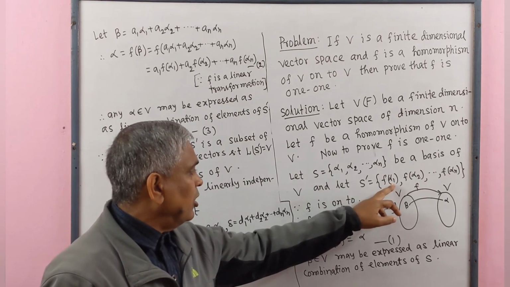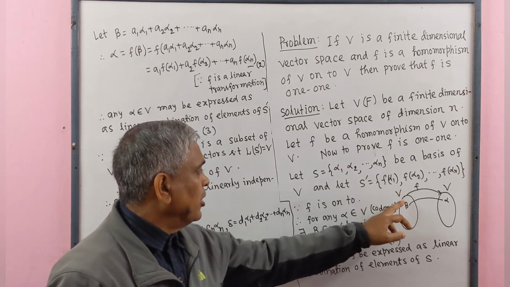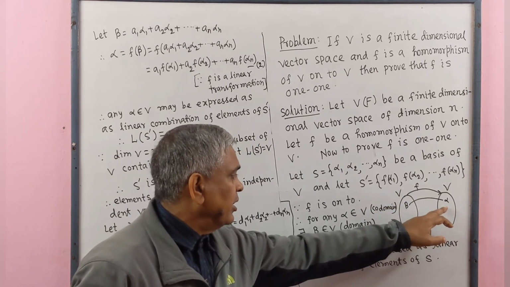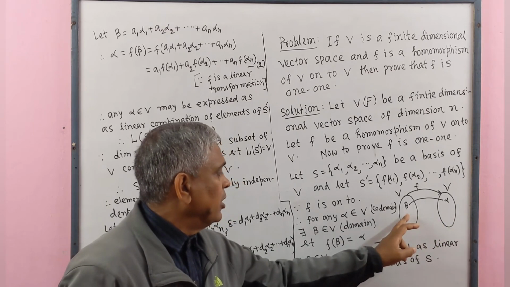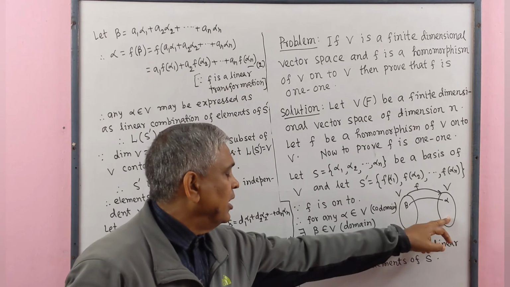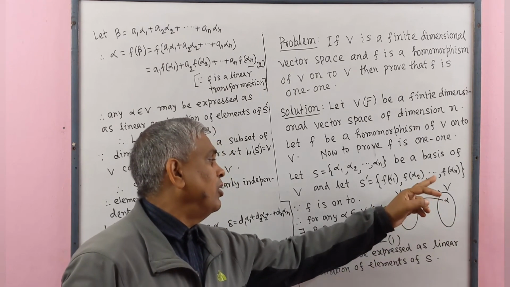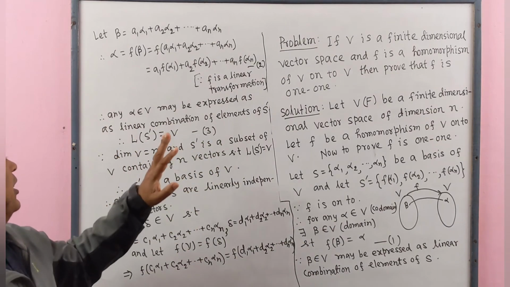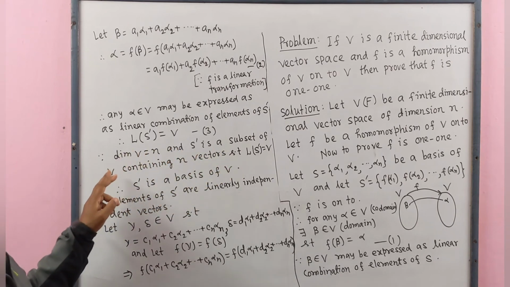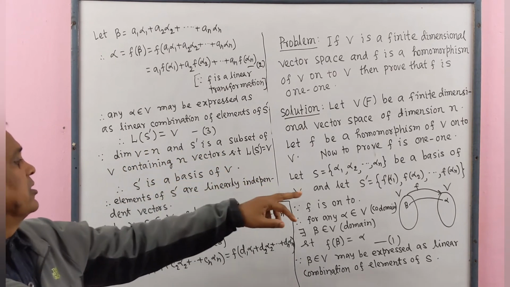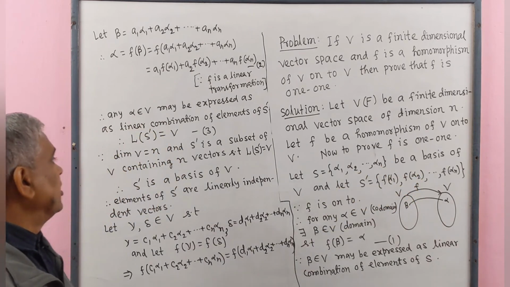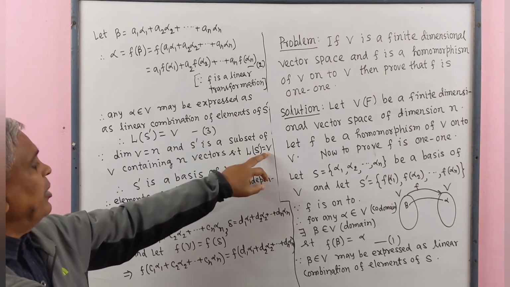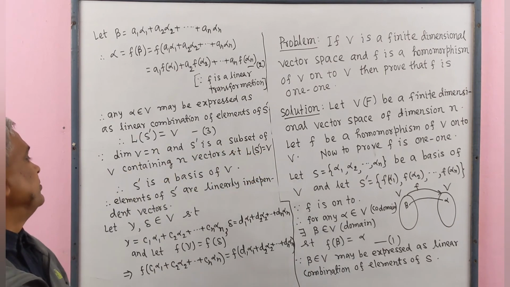Since dimension of V equal to n and S prime is a subset of V, means S prime contains all images of elements of V. Here we get the image of each element of V, and all images are also elements of V. That is, S prime is a subset of V containing n vectors, such that V is generated by S prime.